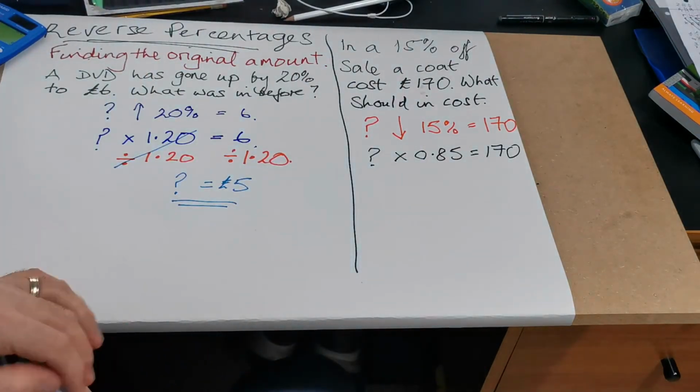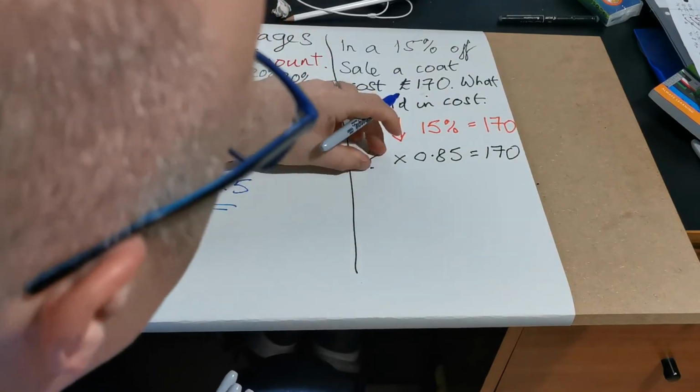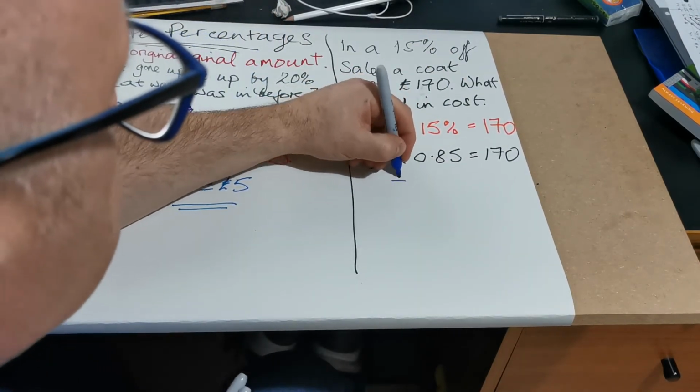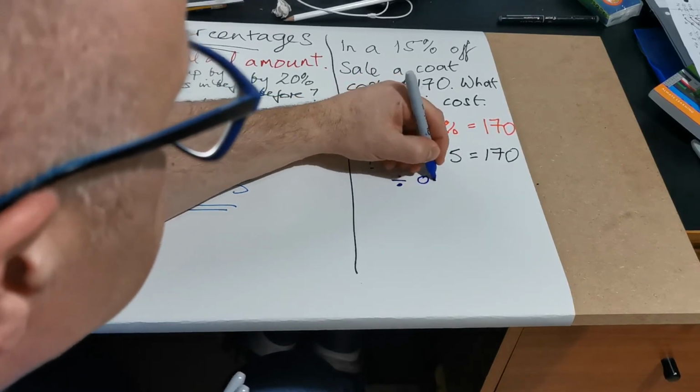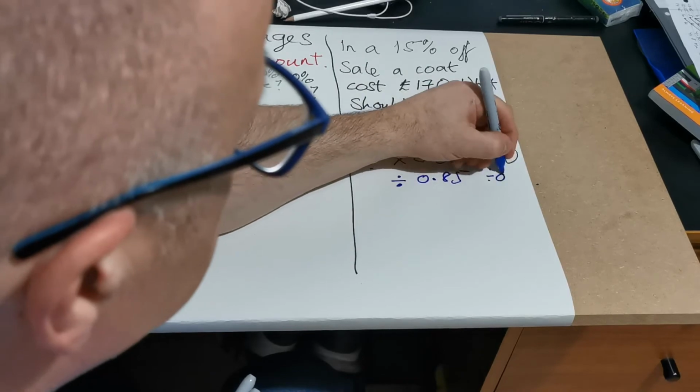And then thinking about good maths, I'm going to do an inverse operation. So in order to stop what I'm finding being times by 0.85, I'm going to divide by 0.85. And I have to do that to both sides.